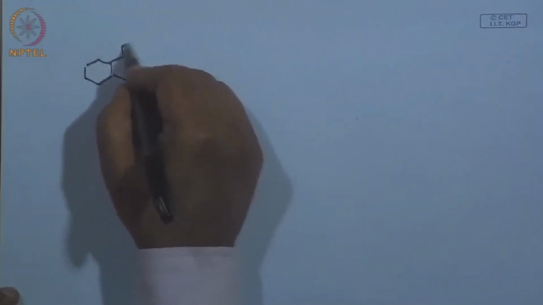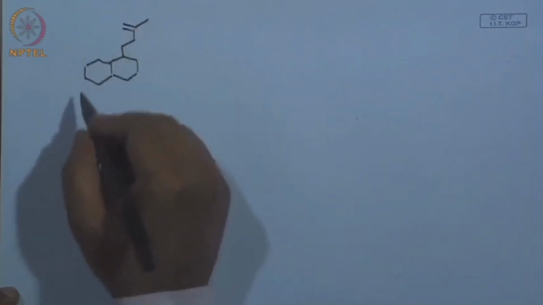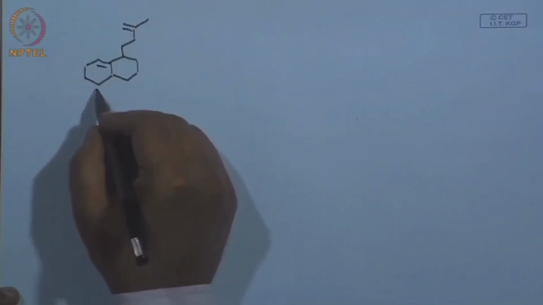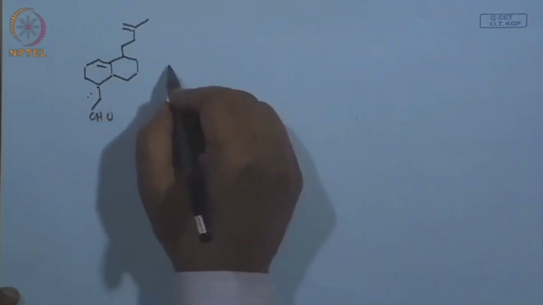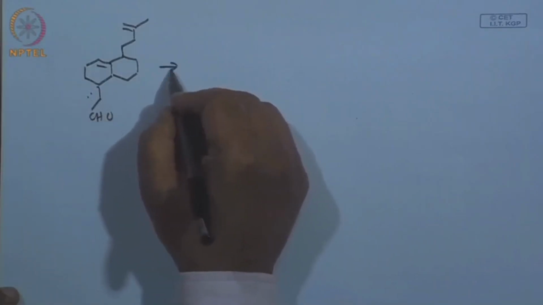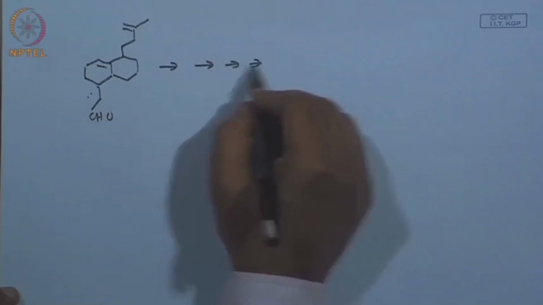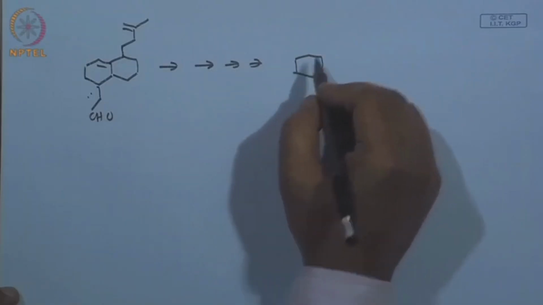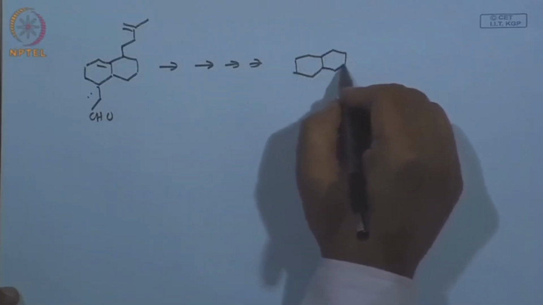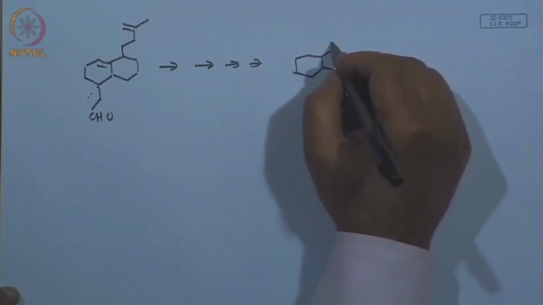So, what are the features basically you look at? If you are to convert this into this, it is a very similar molecule, you may or may not write the structure, but concentrate on the features. What are the features?